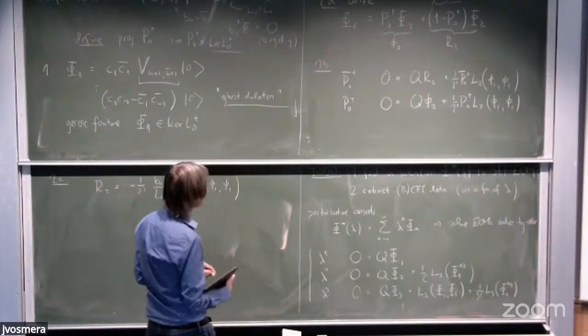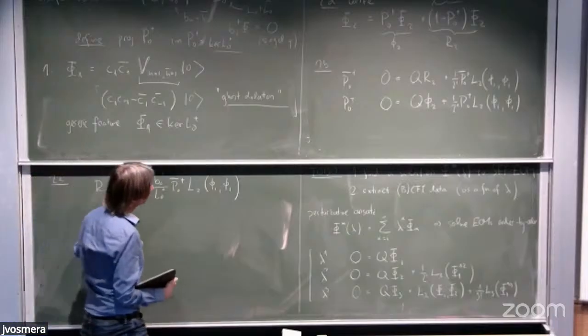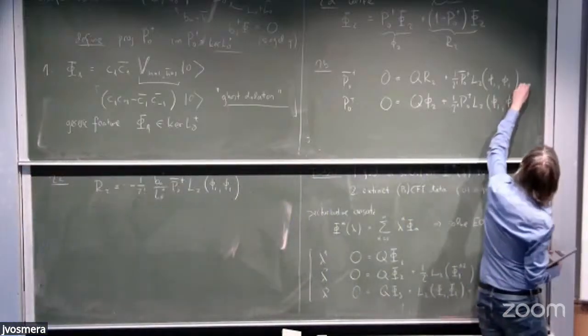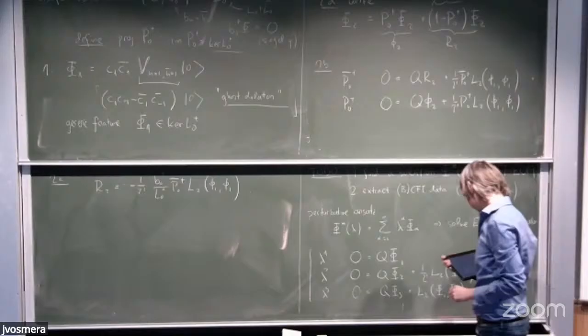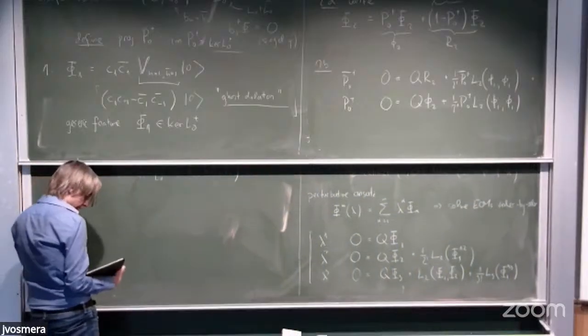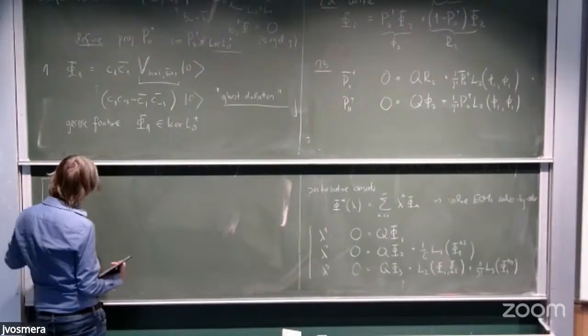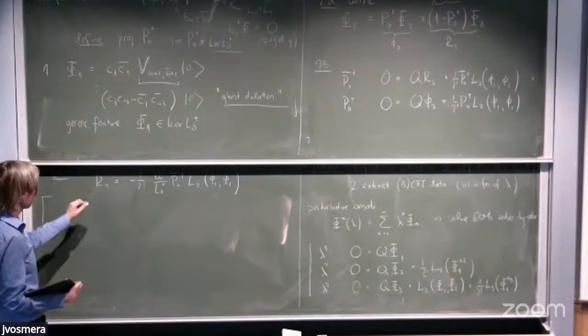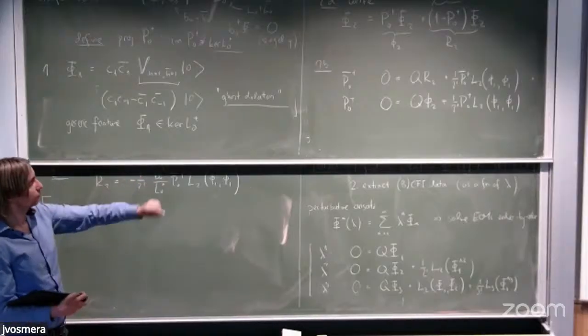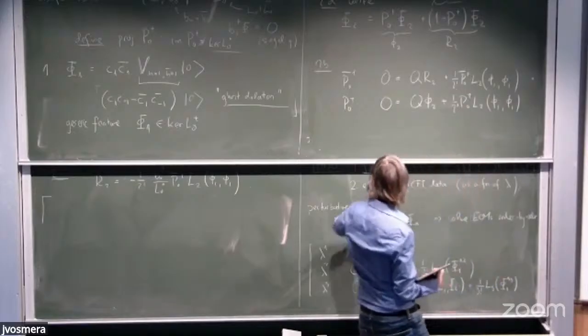So now, of course, we have to check that this indeed solves that equation here. So let me quickly take you through the calculation. It's a quick exercise. So what we do, we take this R2 and we act on it with Q, right? And we will hope that we will get the other side of the equation with a minus.